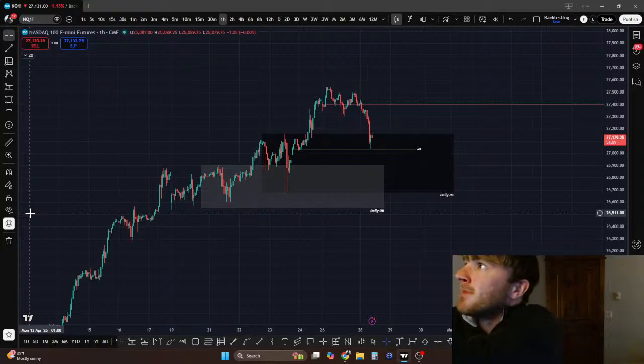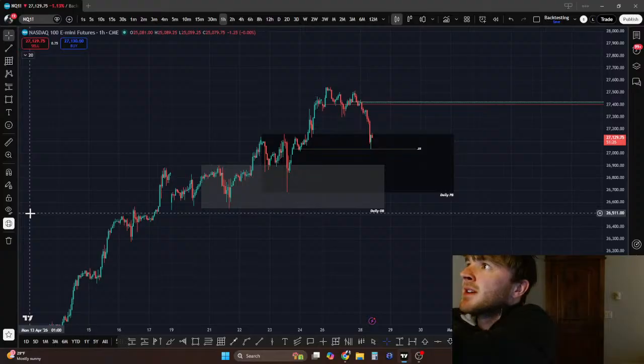Down the road, it would be cool to get screens specifically for ES and for SMTs with ES, specifically for ES and YM, and manually checking SMTs.